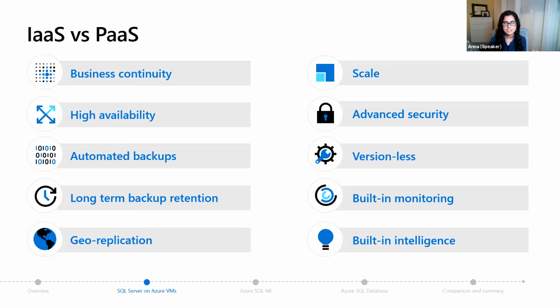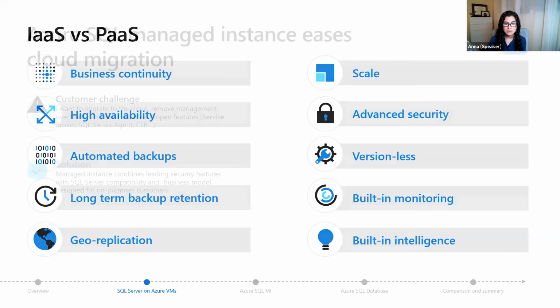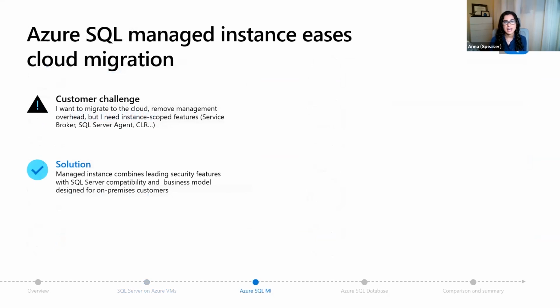So now let's dive into the two main options we have for that, starting with Azure SQL Managed Instance. Now, we came up with Azure SQL Managed Instance after Azure SQL Database, and there was a big reason for this. We had a lot of customers who wanted to move to this managed type of service. They heard the benefits of PaaS and said, sign me up, right? I want an SLA.